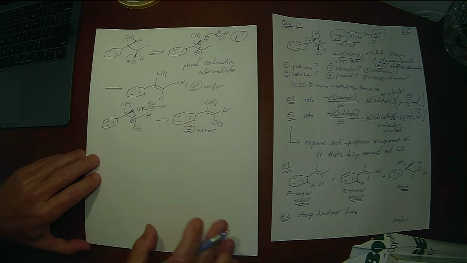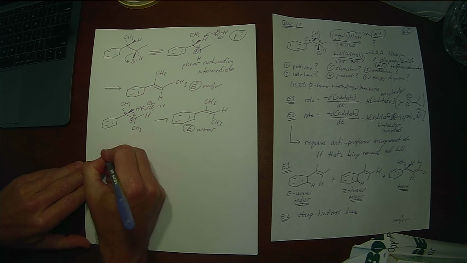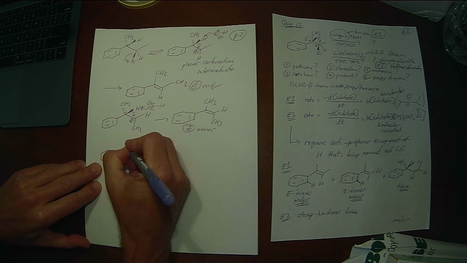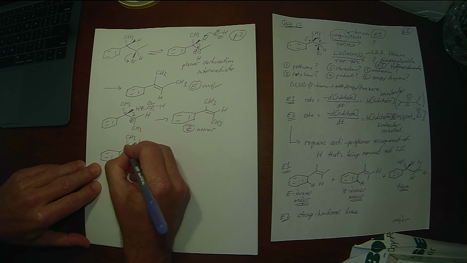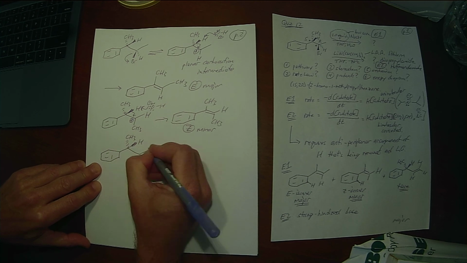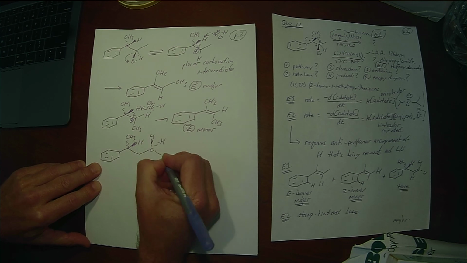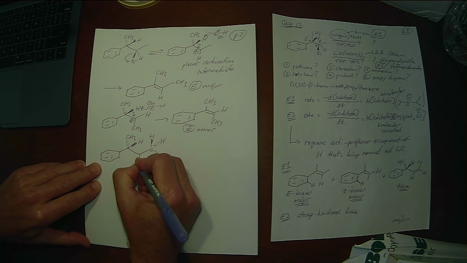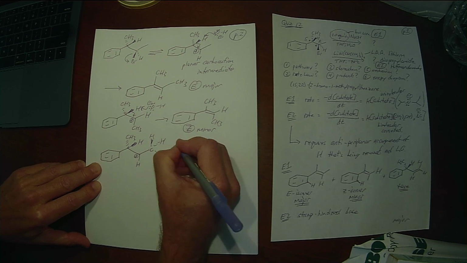And I won't show the, well, maybe I will. I'll show the trace as well. Why not? I didn't actually require you to do that, but for the trace product, if you wanted to show it, we would actually need to show the hydrogens on this methyl group. So we would draw those out. Got the positive charge here, and now the base would take one of these hydrogens off instead.